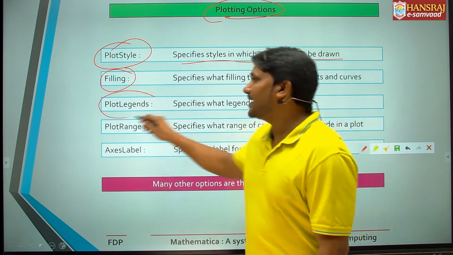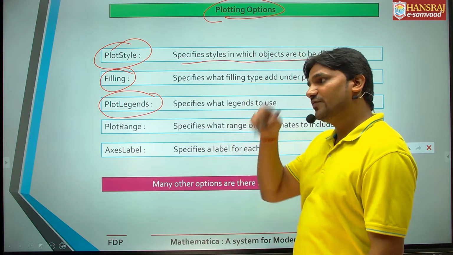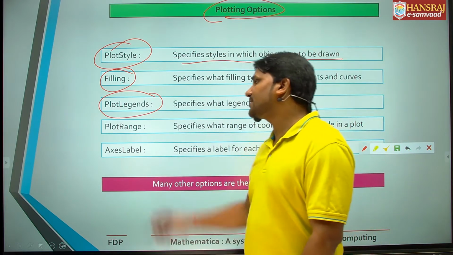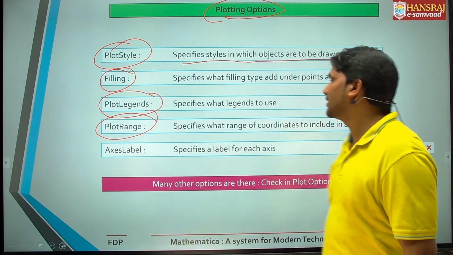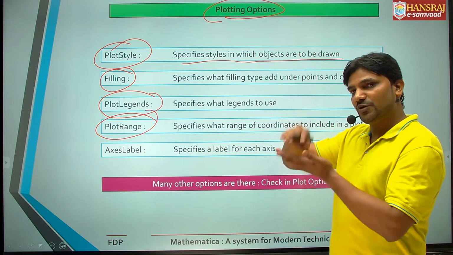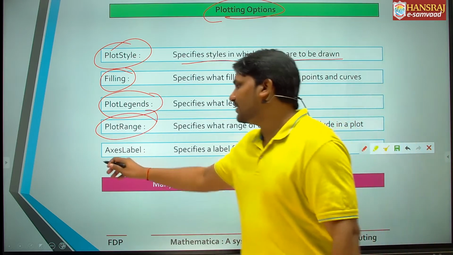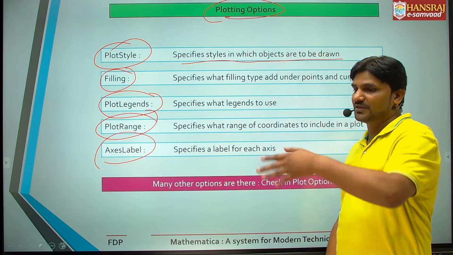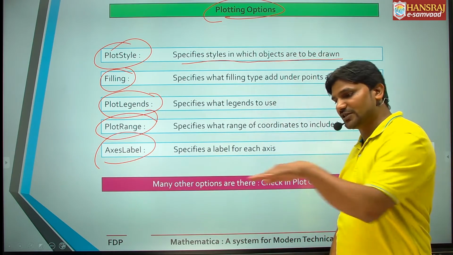Plot legends, as I have already said: if you want to see which color represents which function, then you need to use plot legends. Then plot range, from which range you want to do your plotting. Axis label, you can represent your axis name. For example, this axis represents temperature, this represents some density.